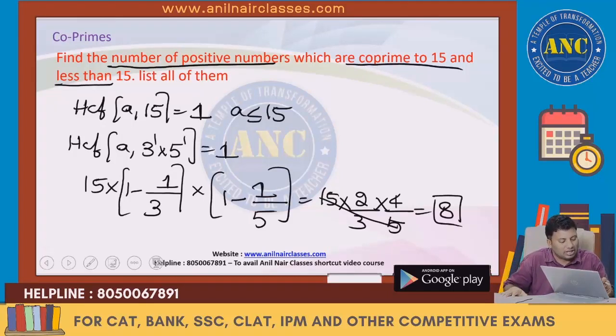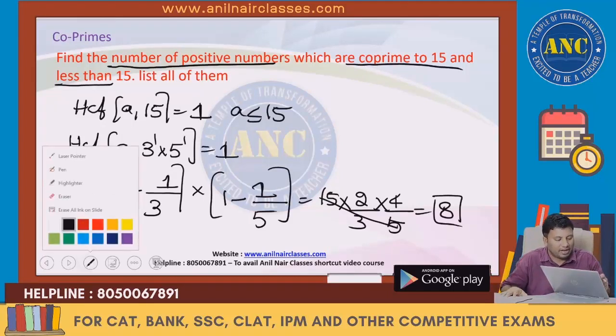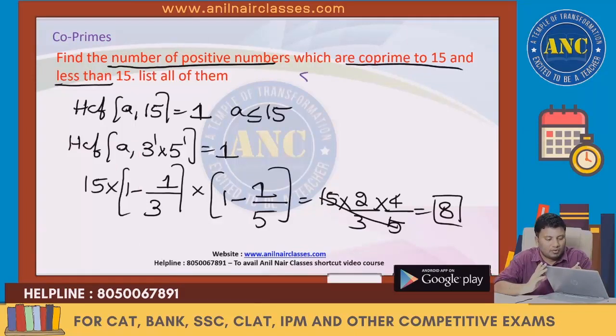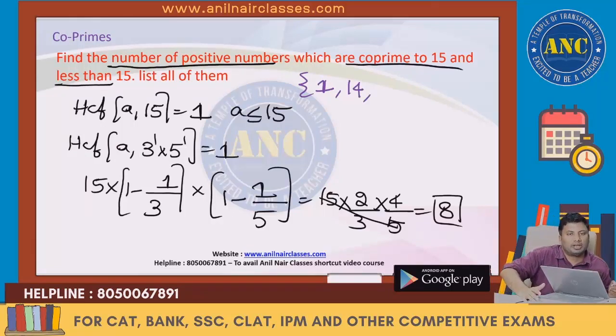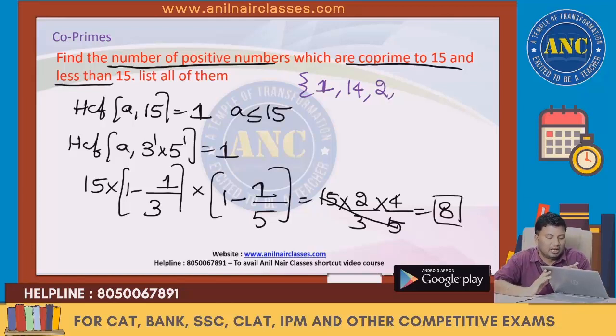He also said to list all of them. If I have to list all of them, 1 will be co-prime to 15. Next is 15's complement of 1: 15 minus 1 is 14. 2 is co-prime to 15, and 15's complement is 13. 15 cannot be divisible by 3 and 5. Now 4, with 15's complement 11.